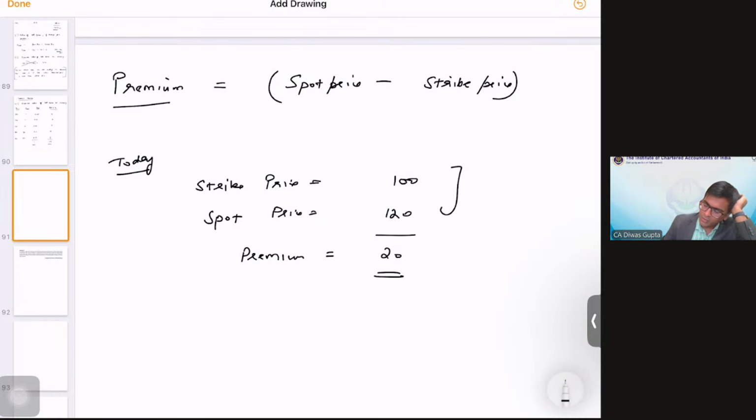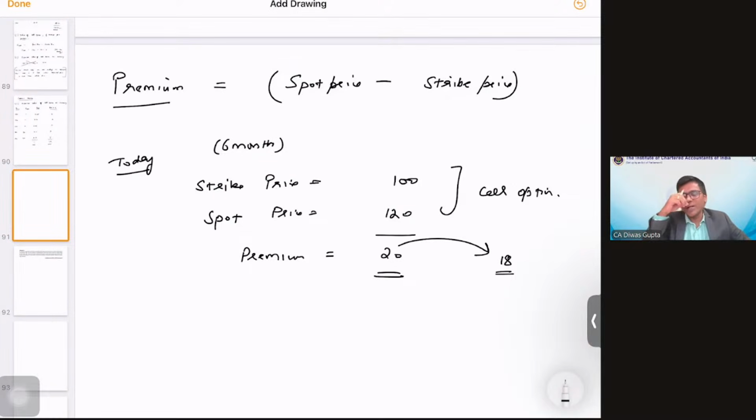Let's talk about call option, right? But there is a difference of 20 rupees, and since we are talking about today and this option is for, let's say, 6 months, what will happen, students? It will not show as 20 rupees as the premium. It will show as 18 rupees maybe, just to adjust for the present value, right? The present value might move this 20 rupees to 18 rupees.